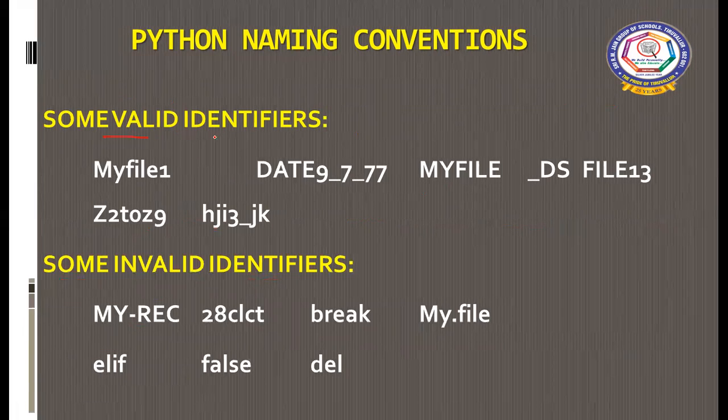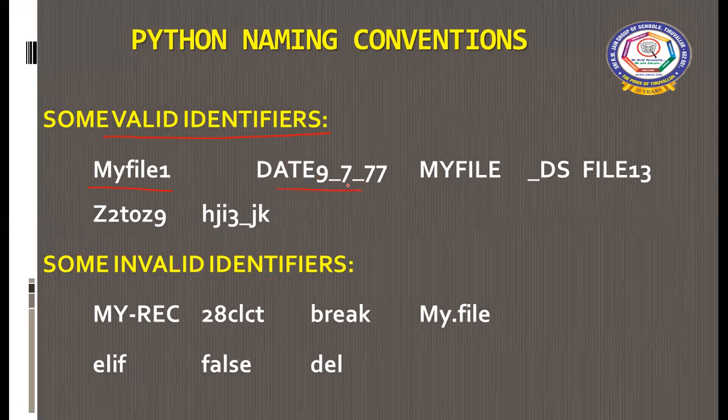Valid identifiers are, for example, myfile1. In this name, we have 1 at the end of the identifier, so this is a valid identifier. In the second example, we have underscores, characters, that is alphabets, and digits also, but not in the beginning, only after the characters start.